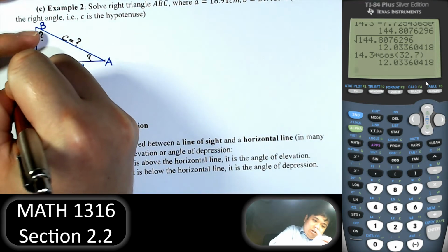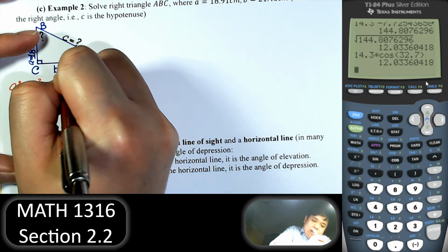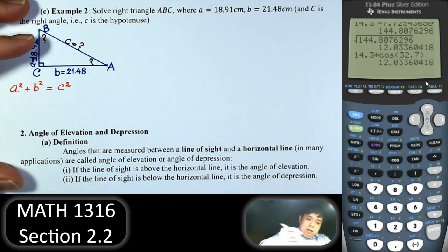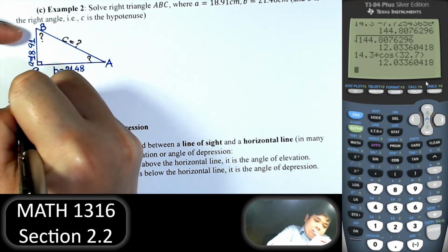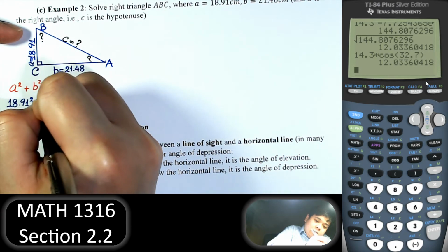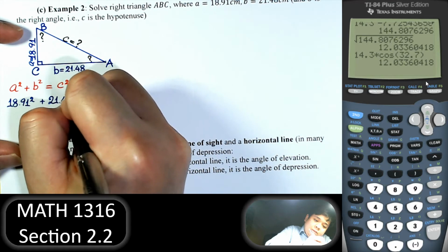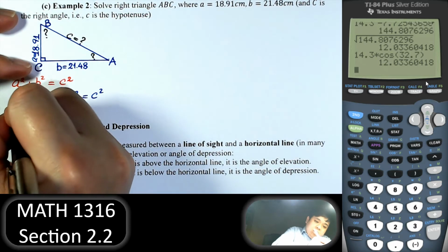So Pythagorean theorem, A squared plus B squared equal to C squared. So A squared is 18.91, B squared is 21.48, so C will be just the square root of that.